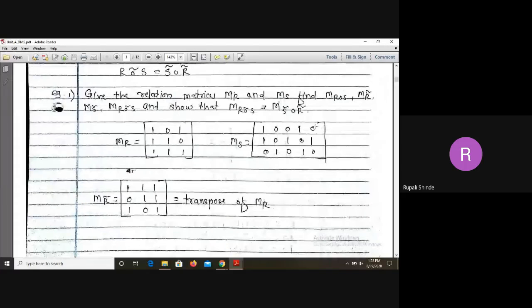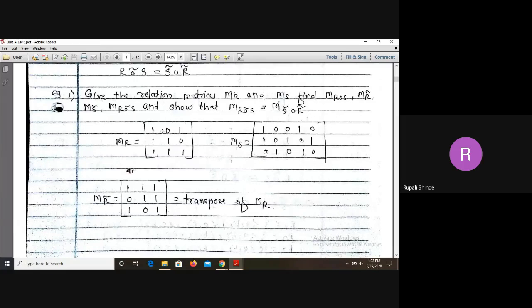So first we will see how to find R composition S, and that is simply obtained by matrix multiplication. So can anybody tell me what is the matrix multiplication of R and S? So here matrix for R and S are given.